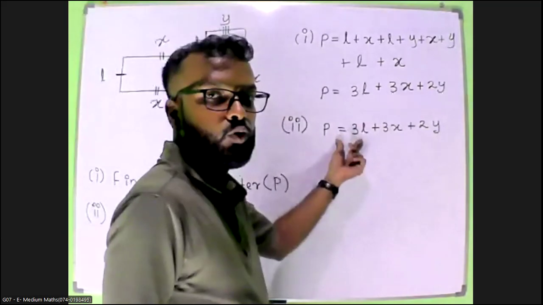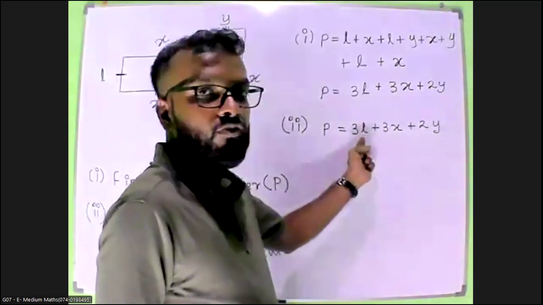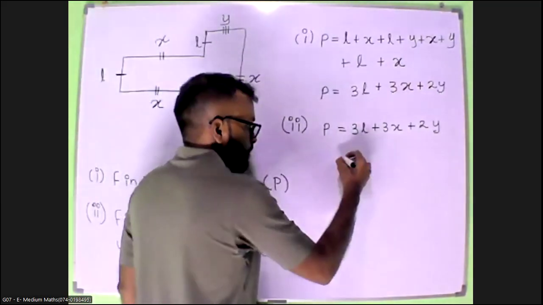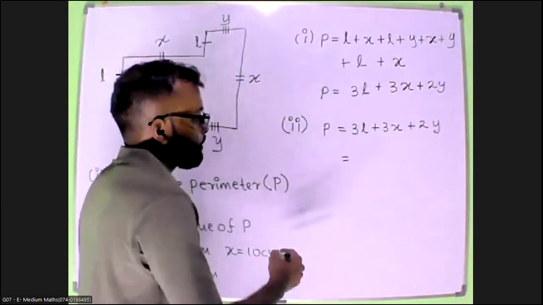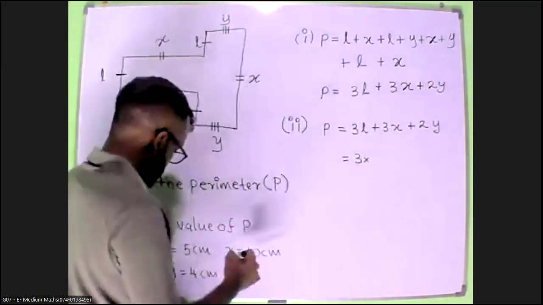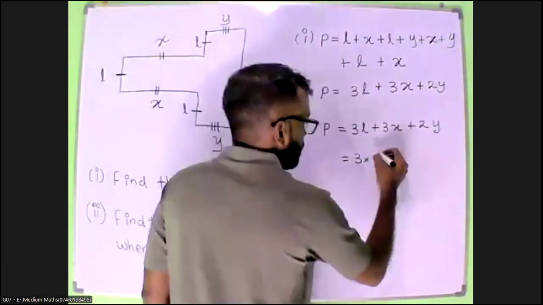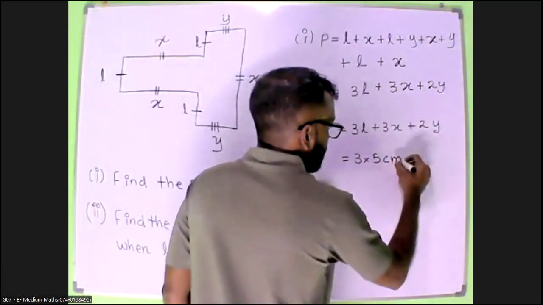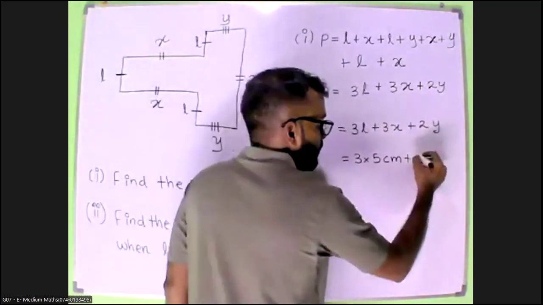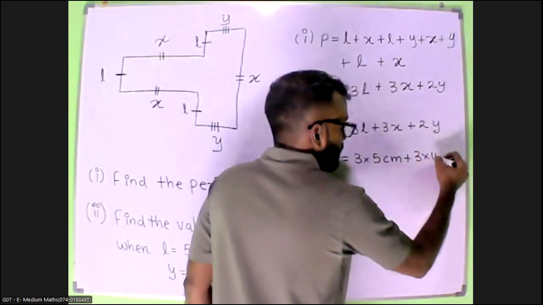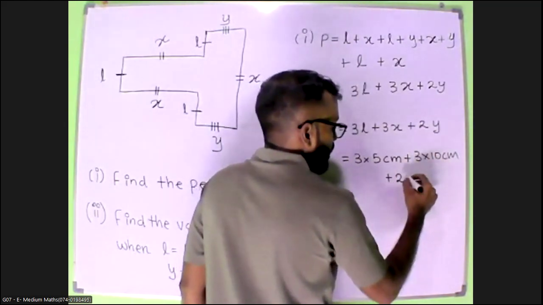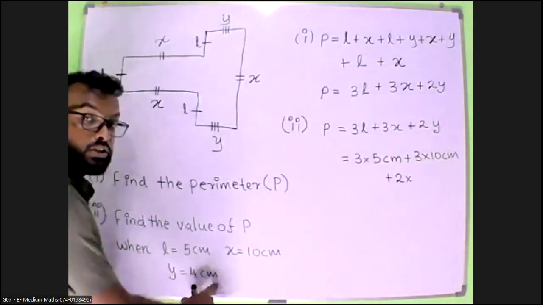So I have to substitute them instead of L, X and Y. Right? So, 3 times L, 5 centimeters, plus 3 times X, 10 centimeters, plus 2 times Y, 4 centimeters.